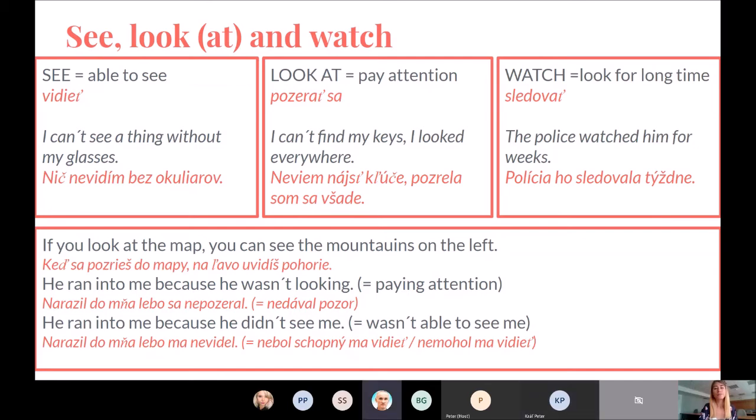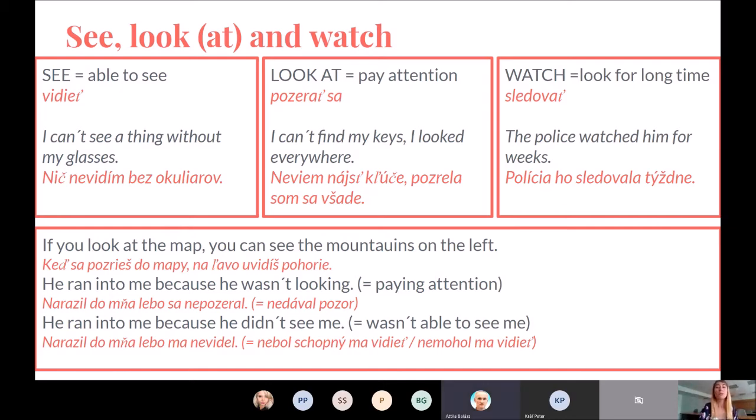And what is more proper? Only looking or looking at in this case, when it is in a general way? If we want to add something behind the verb look, so look at the window or look at the picture, always use the right preposition. In this case, it's look at.